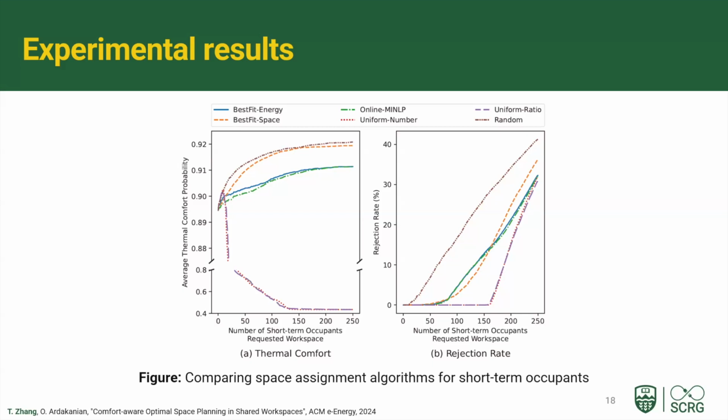In conclusion, the proposed heuristics offer a high quality solution with significantly lower computational costs. When these algorithms are used in the space management system of a co-working space, they will increase the profit by up to 17%.